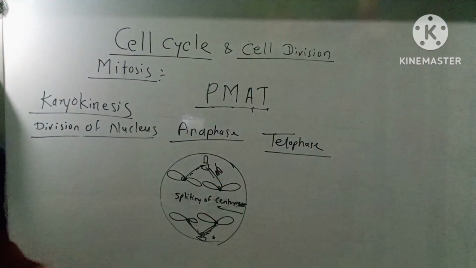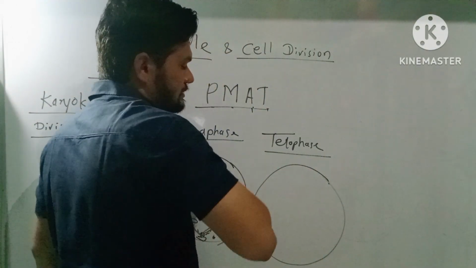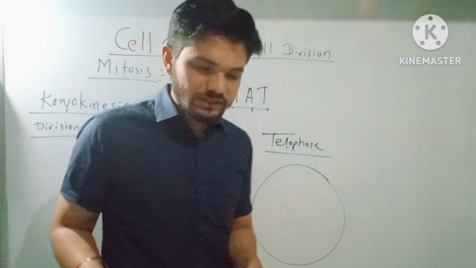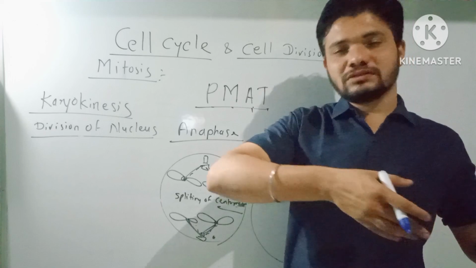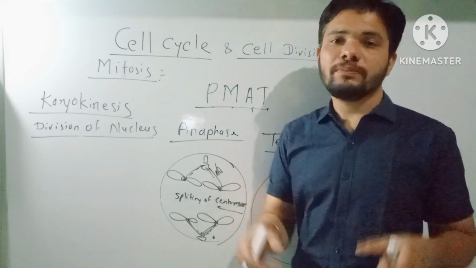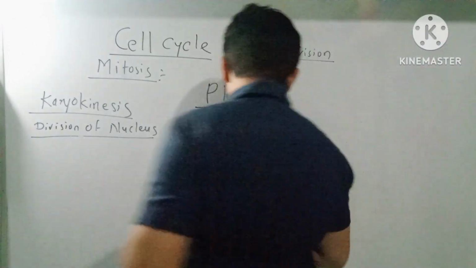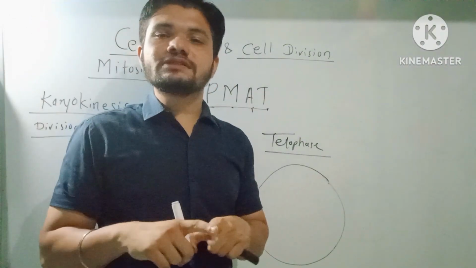What happens in the telophase? Telophase is exactly opposite, a reversed phase of the prophase. So whatever events happened in the prophase, exactly reversed or opposite processes will take place in the telophase. What are they? Remember, in the prophase, the nuclear membrane disappeared.